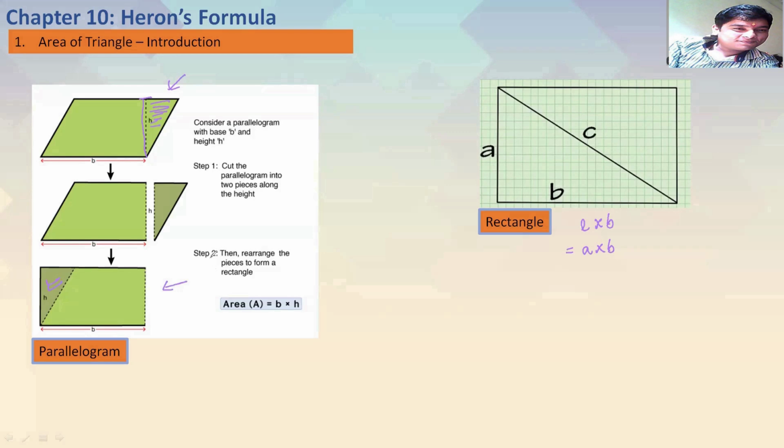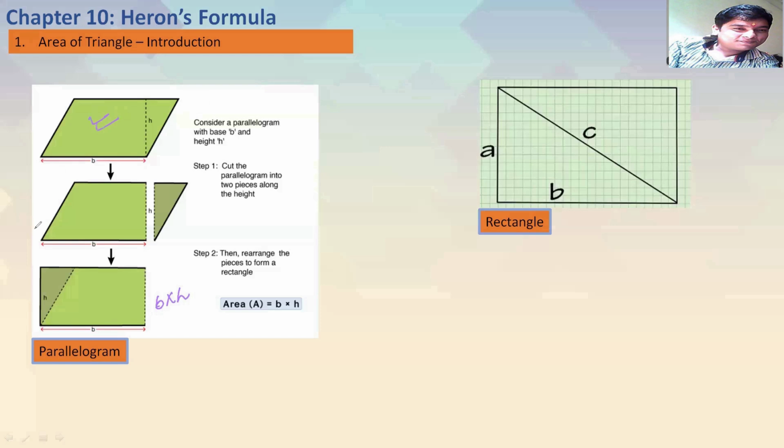Therefore, the area of this parallelogram and this rectangle should be the same because they are parts of the same thing. Since the area of the rectangle is base into height, the area of this parallelogram should also be base into height.